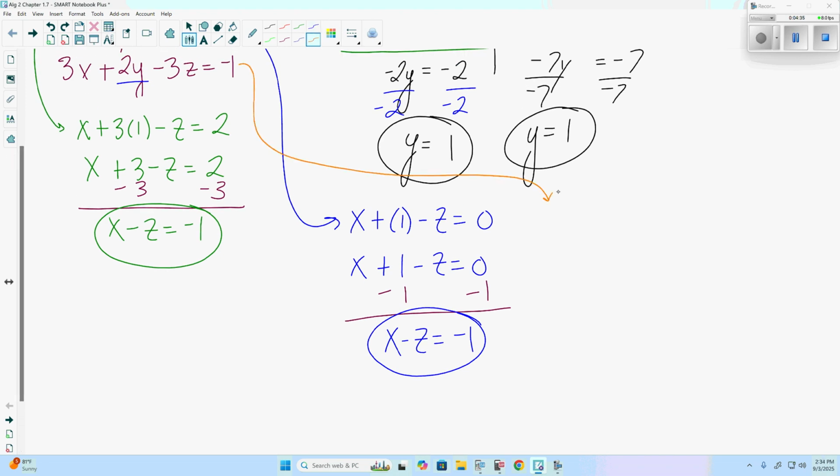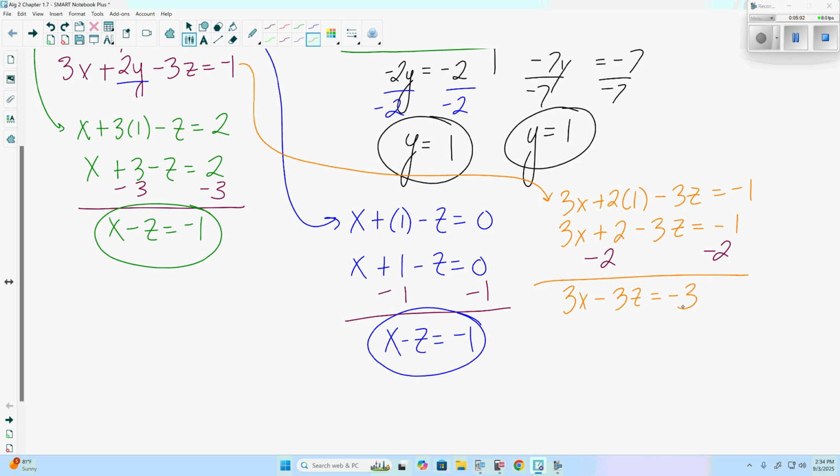Wait a minute, aren't those both the same equation? Let's see what happens in the third one. 3x plus 2 times 1 minus 3z equals -1. Well, 2 times 1 is plus 2. At this point here, we can minus 2, telling us 3x minus 3z is equal to -3.